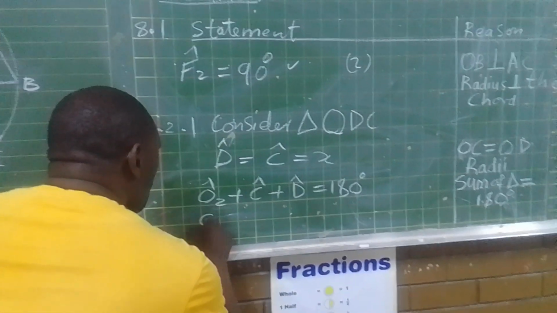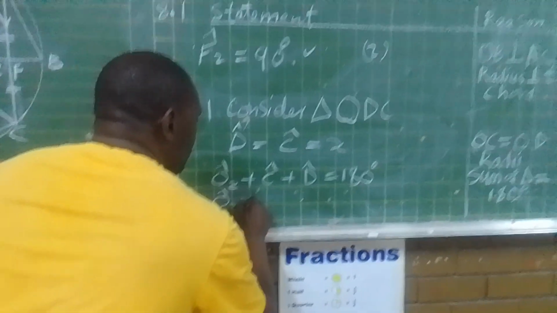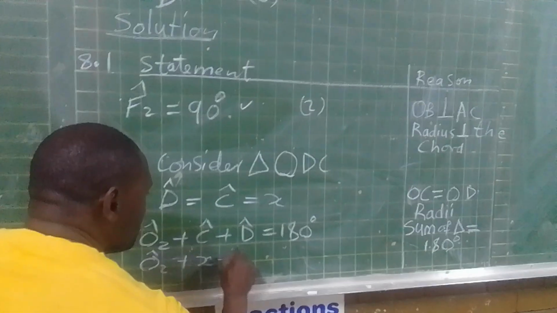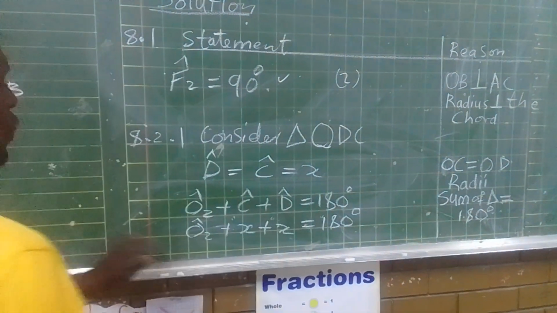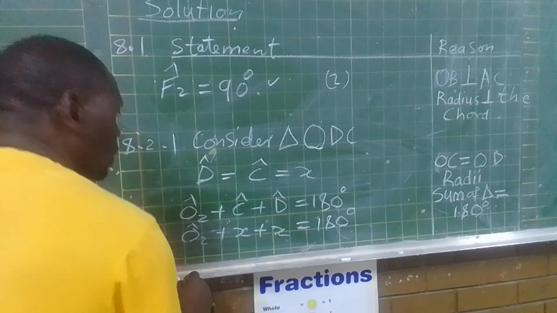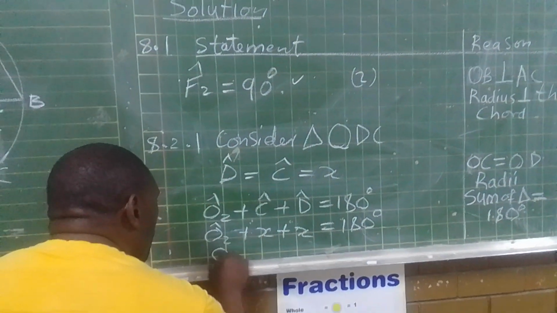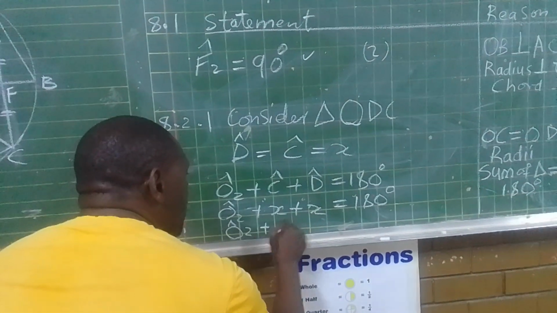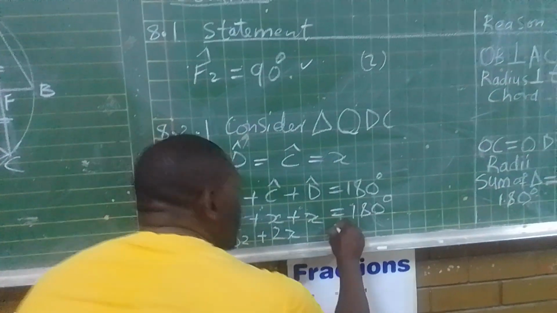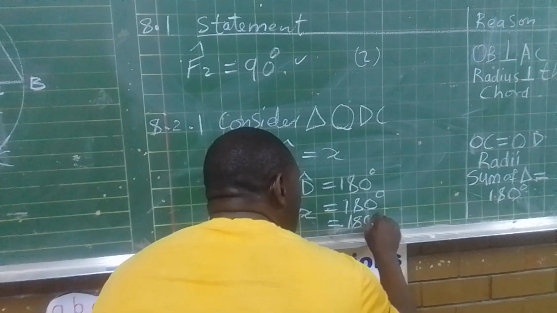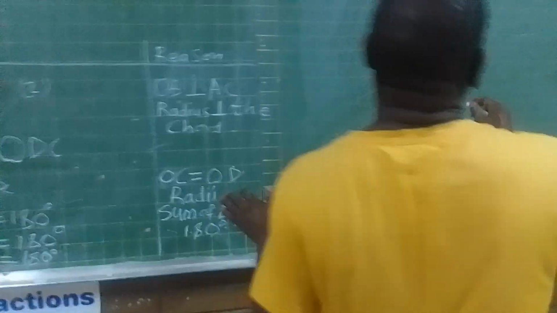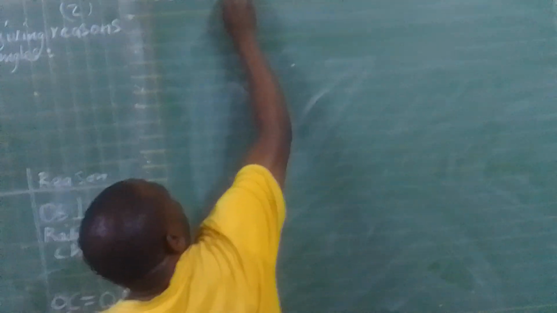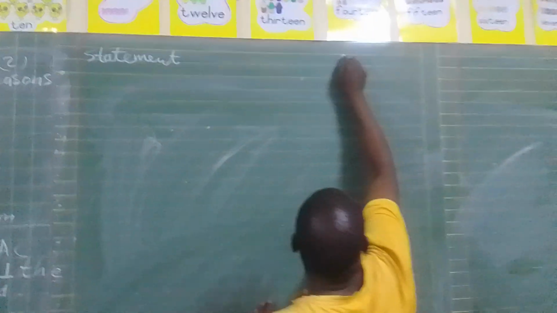Now O2 plus X plus X is equal to 180 degrees. That means O2 plus 2X is equal to 180 degrees. We take this along with the same statement and reason.